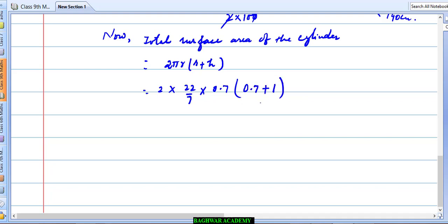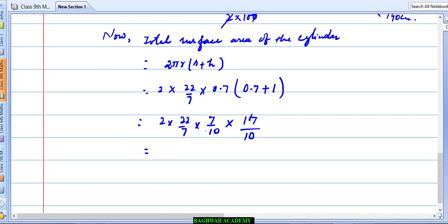So this will be 2 into 22/7 into 7/10 we can write, and 1 plus 0.7 means 1.7, or we can write 17/10, as you wish.